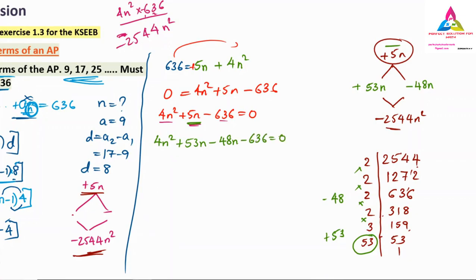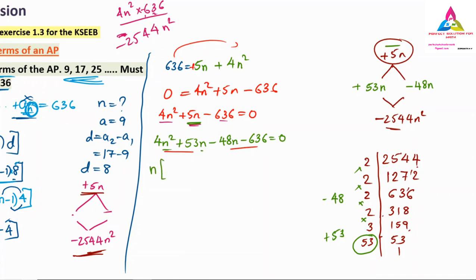So now we have to take 2 as one group, and this 2 as one group. Here we have 4n square and 53n, and 53 will not come in the table of 2 or 4. So it is not possible to take 4 or 2 common, but here we have n, here also we have n, so we can take n common.